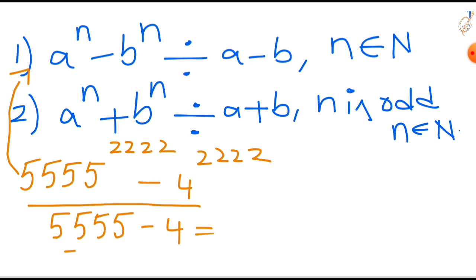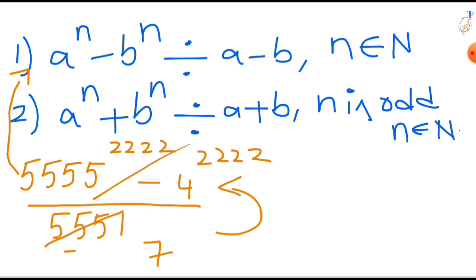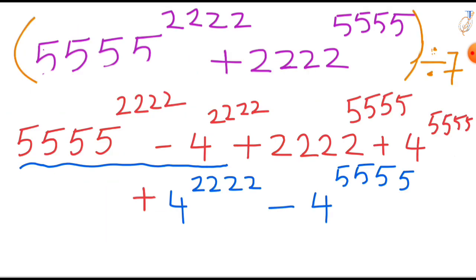When you subtract, you will get 5551, and this 5551 is completely divisible by 7. So when the denominator is completely divisible by 7, the numerator is also completely divisible by 7. Hence, we can say that the first two terms are divisible by 7.